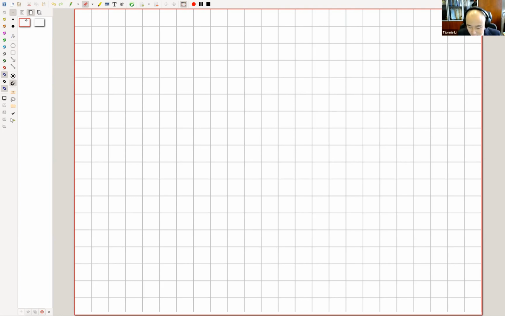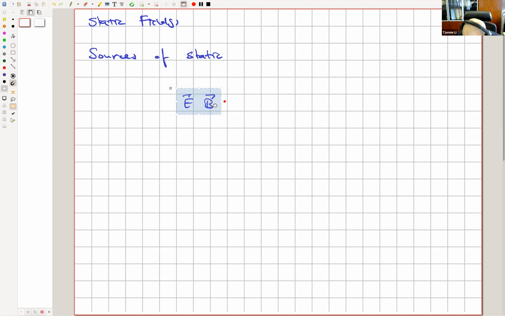Because so far what we've considered are static fields, and if I look at static fields, the sources of static E and B fields are the charge density and the current density.